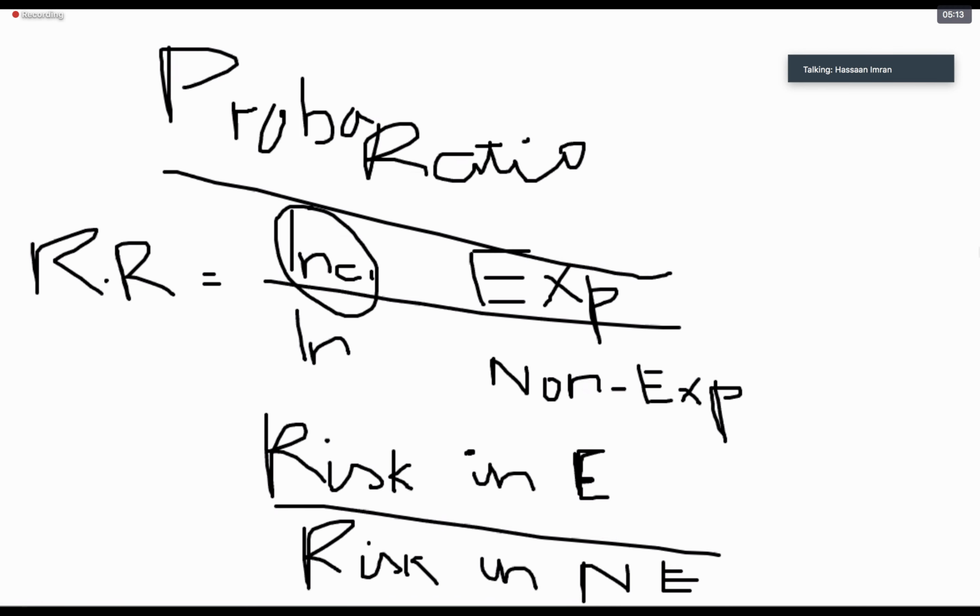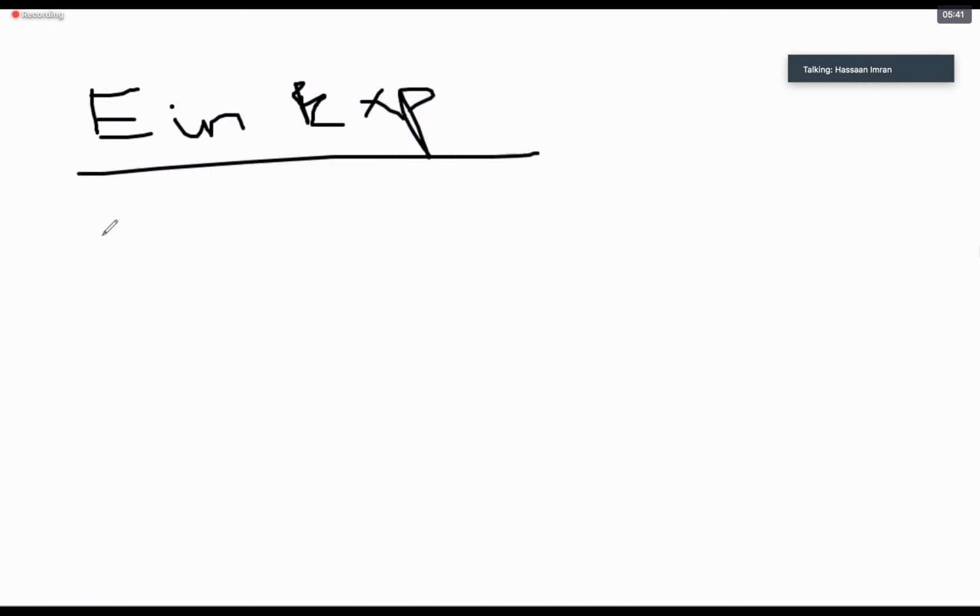Now, there comes another thing. As I told you, disease is also known as an outcome, or an event, in the language of research and epidemiology. So if it is said event in exposed, or event in non-exposed, then incidence is also a measure of events.